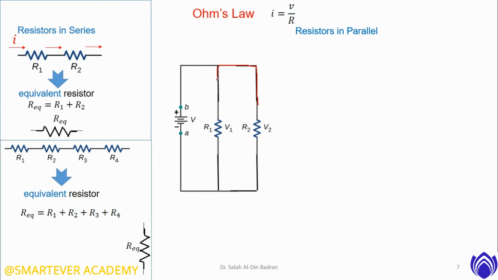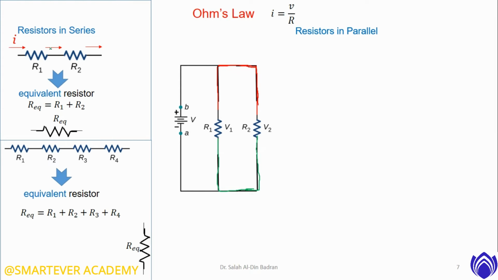You see, this wire of R1 is connected with one terminal of R2, and the second terminal of R1 is connected with the other terminal of R2. This is in red, R1 with R2, and the other terminal of R1 with R2. So both terminals are connected together.